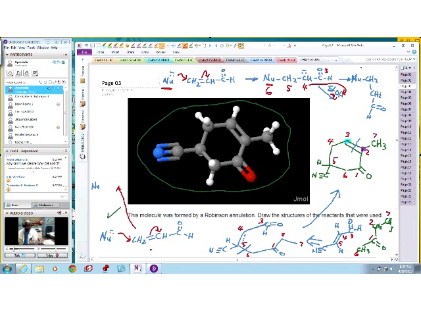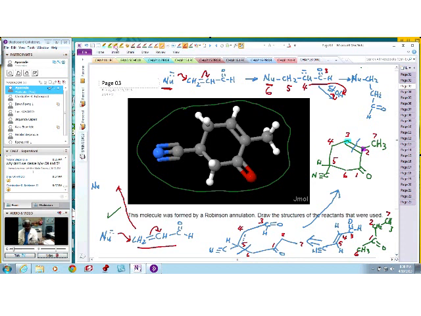You need an alpha beta unsaturated carbonyl compound, and that is this one right here. The only way you are going to get that is if you clip carbon number 6, in other words, and then place a double bond between 4 and 5, and then you get your alpha beta unsaturated carbonyl system, and that is what we have right here.